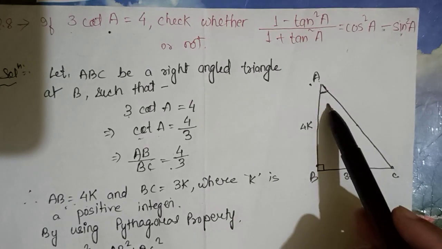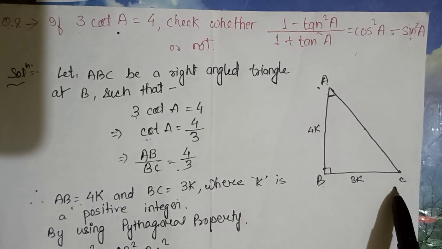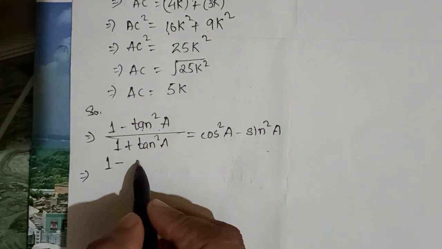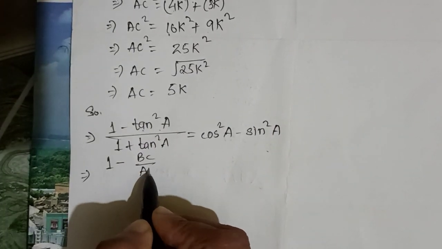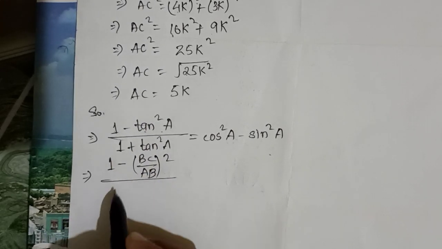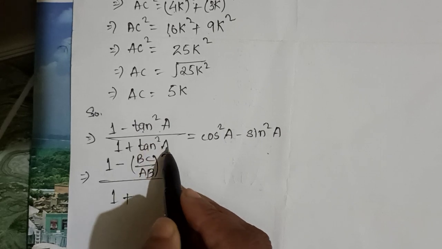So from A, opposite will be BC, adjacent will be AB. So BC by AB. But we have here square with tan, so we have to give whole square, divided by 1 plus tan again.